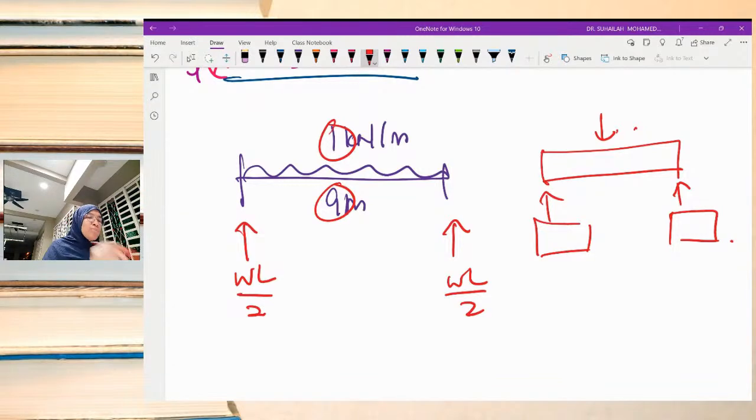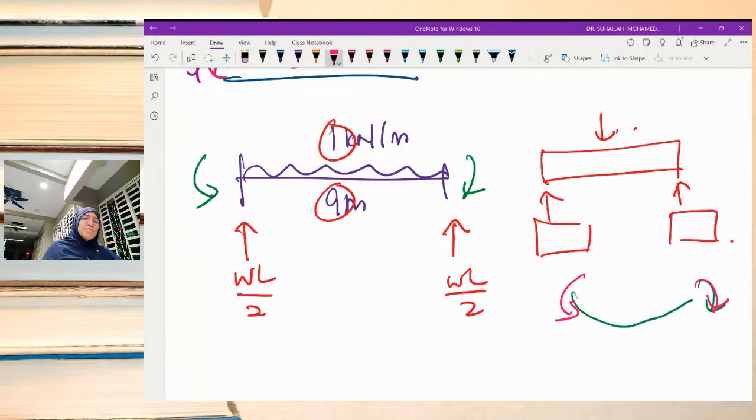And the moment always acts in this direction for this load, because the beam will deflect like this, and we have to apply a moment so that the beam will move back to its original position.